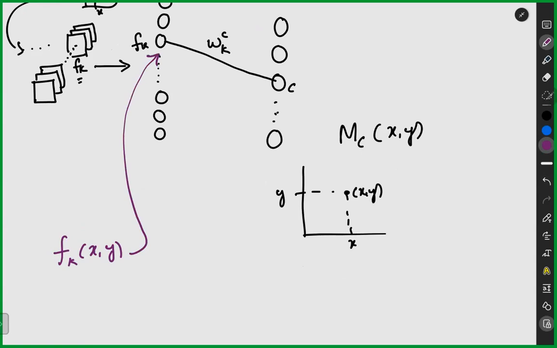For any X and Y, if I pass it through this network and FK function, I'll get FK XY.